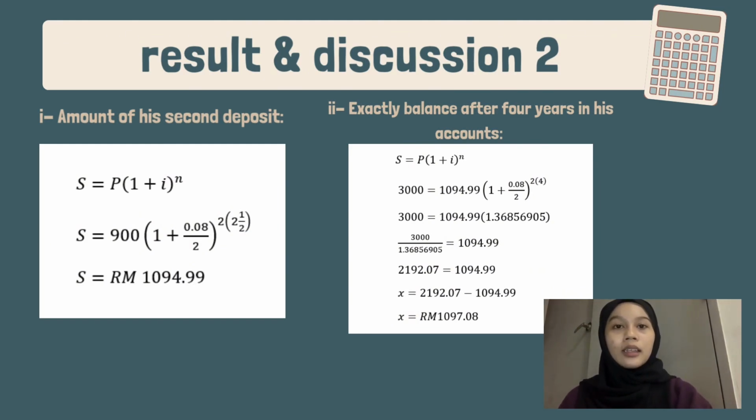Next, x = 2,192.07 - 1,094.99. For the final answer, we get x = 1,097 ringgit 8 cents.